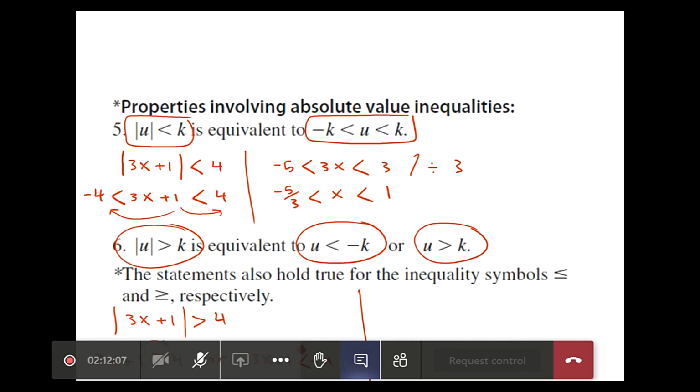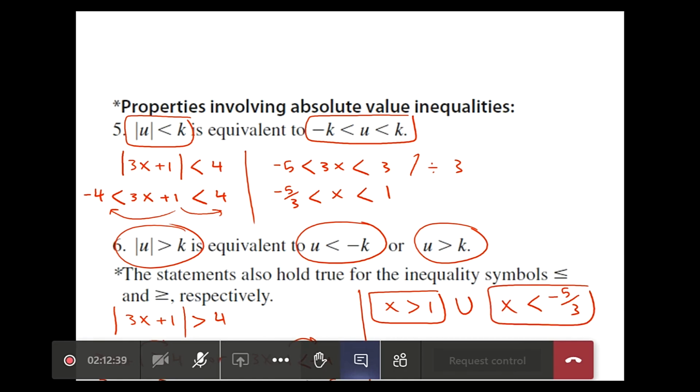Move the 1 to the other side, so we have 3x greater than 4 minus 1, which is 3, or 3x less than negative 4 minus 1, which is minus 5. Dividing by 3, we have x greater than 1 union x less than negative 5 over 3.